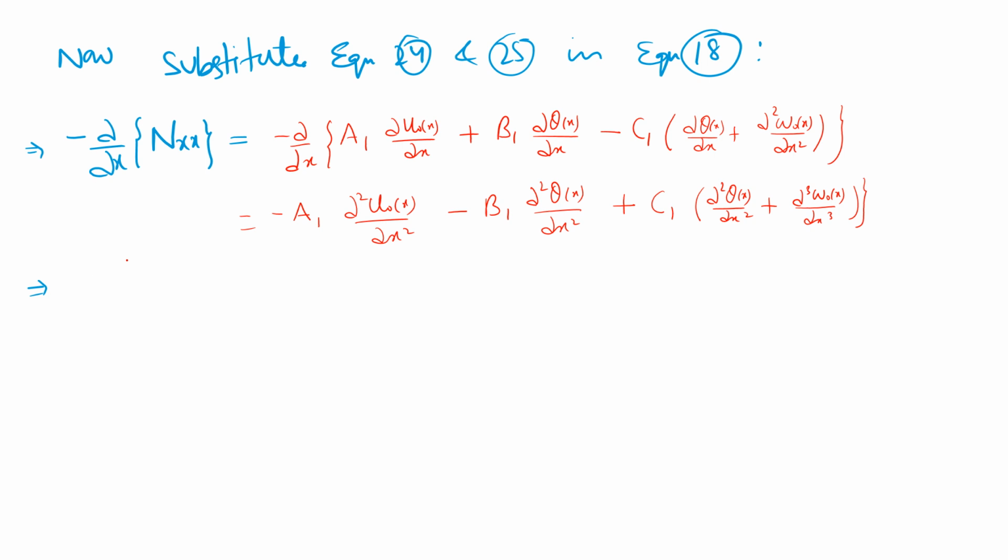In this way we will substitute into the second governing equation and the third governing equation, and finally we will solve for these values. Okay, so we will get those results.